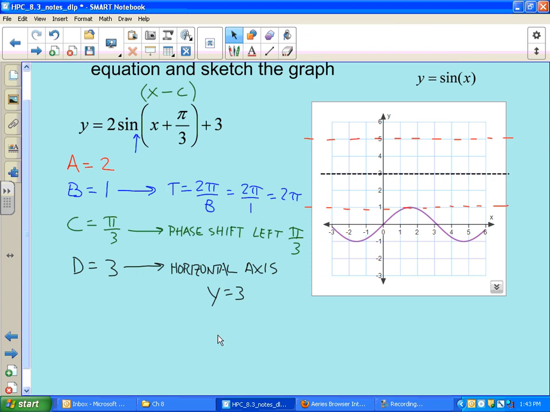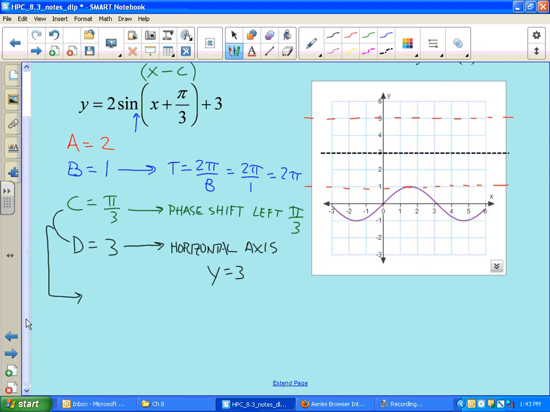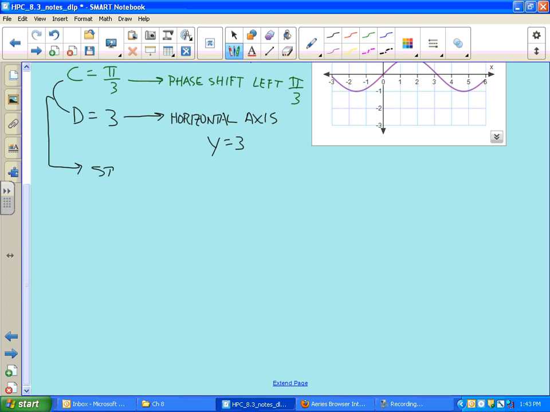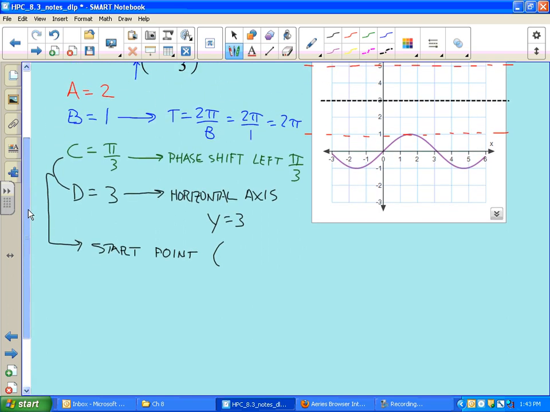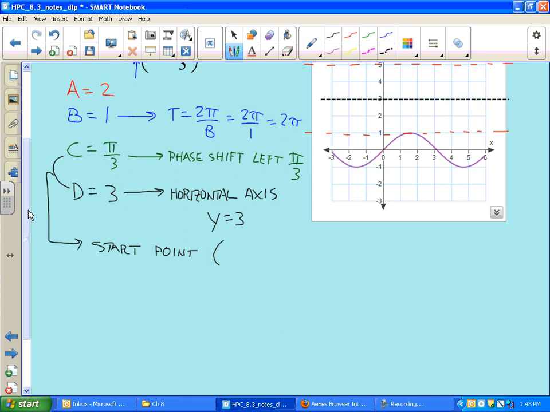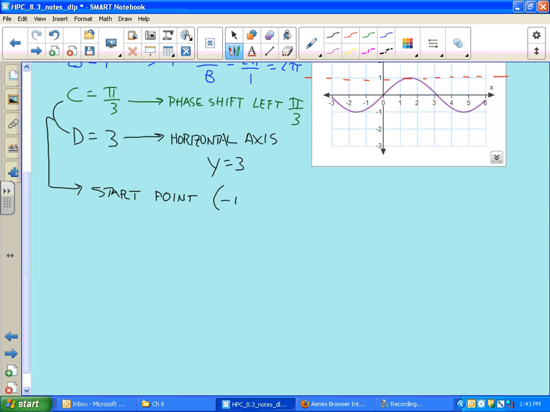All right, what I want you to think about for C and D, I want you to think about it like we did for other functions, and that was our start point. And we think of it like a coordinate. And in this case, our start point is C, which is a left pi over 3, and a D, which is a 3. And that's where this graph is going to begin.